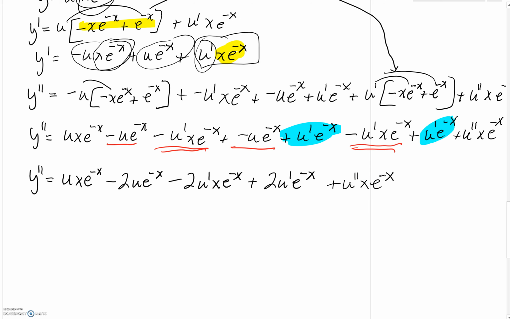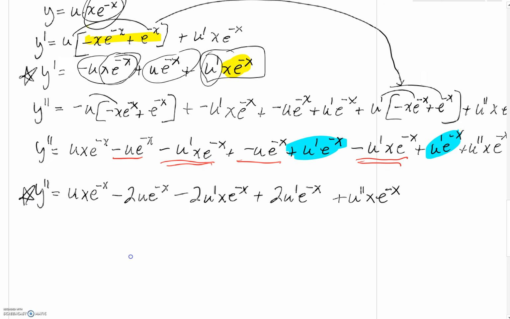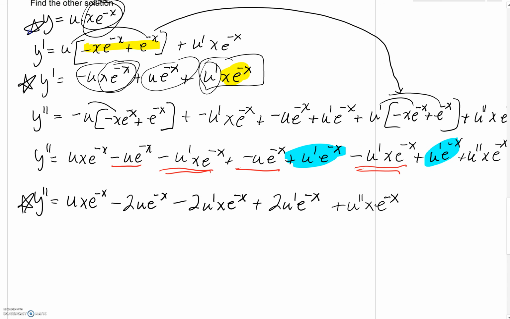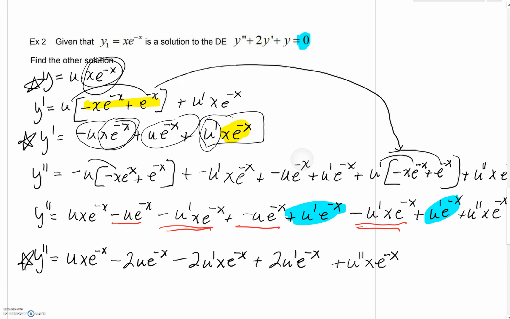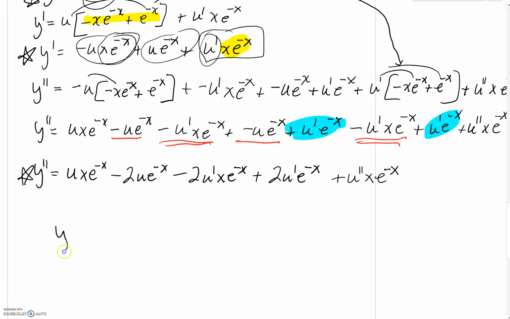Wow. So we've done quite a bit of work here. What is this all for? Well, my goodness, you hopefully remember you now have y double prime, y prime, and y, but the original differential equation was y double prime plus 2y prime, and let me put a little bit of extra space here, you can see why we're going to do that, plus y equals 0.